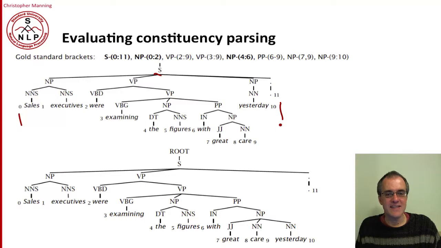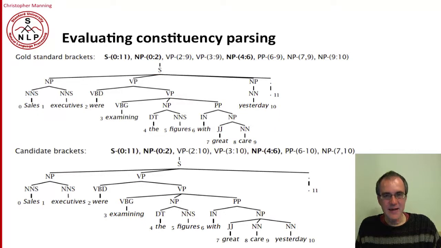Then we do exactly the same thing for the candidate parse suggested by the parser. And so it's also suggested that the whole thing is a sentence from 0 to 11. It's also suggested the NP from 0 to 2, and so on. So it's got a set of constituency claims.